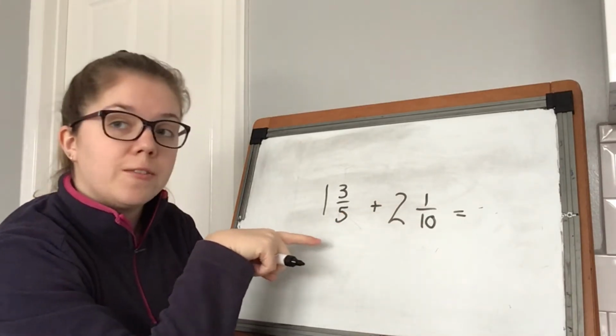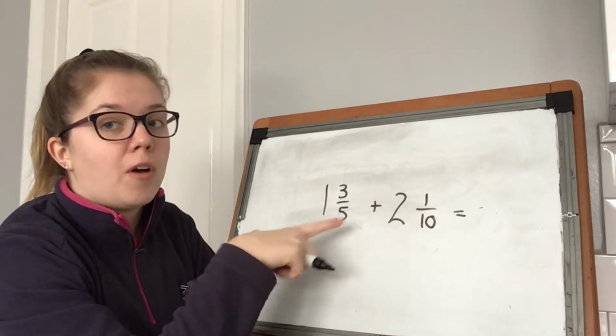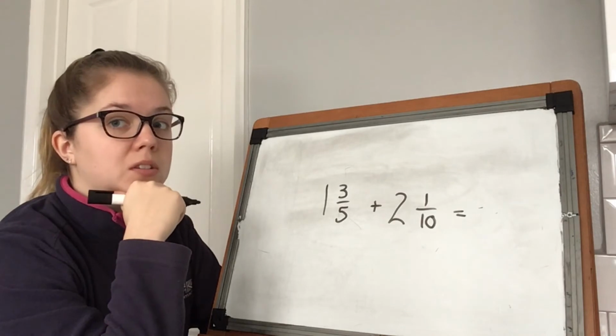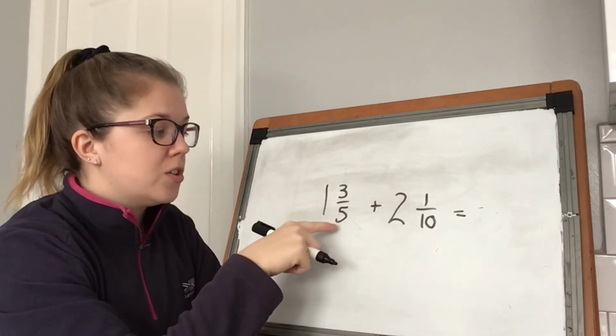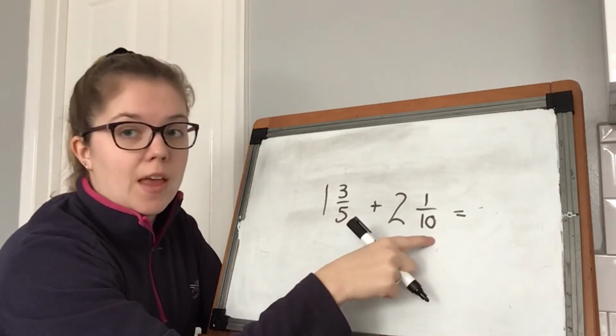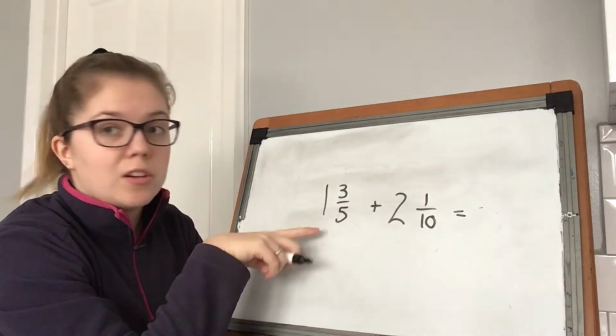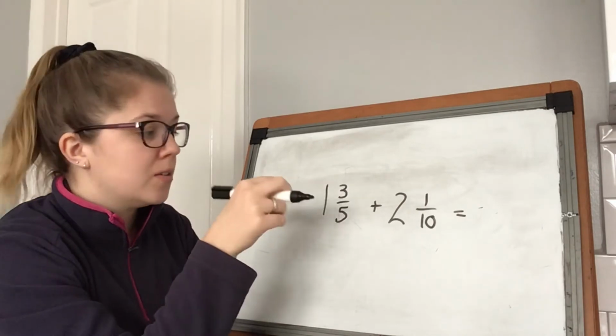Now, do we need to find a lowest common multiple of 5 and 10, or have we already got one given to us? That's right. We can simply convert fifths into tenths, so we can keep 2 and 1/10 as the same. We just need to convert our 1 and 3/5.